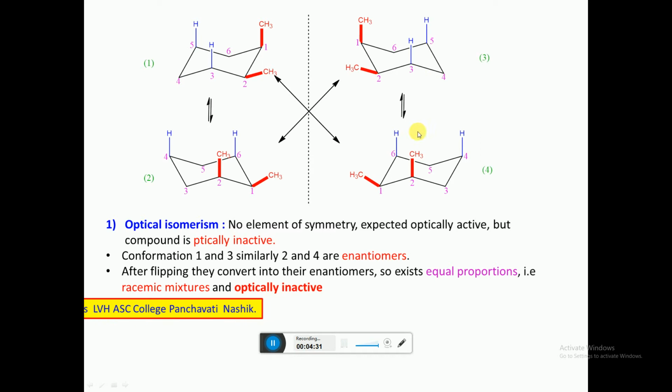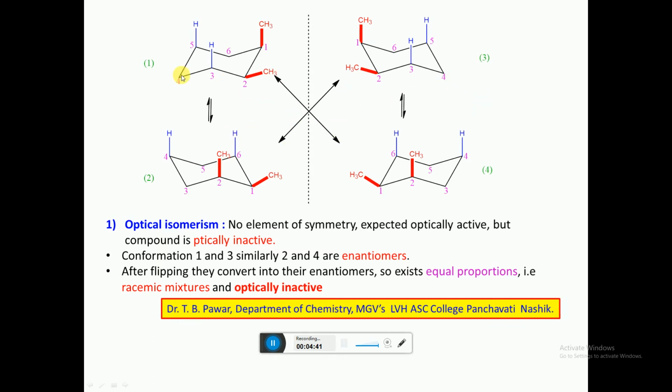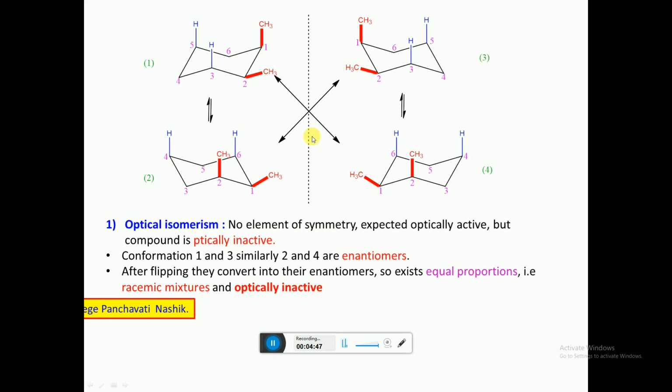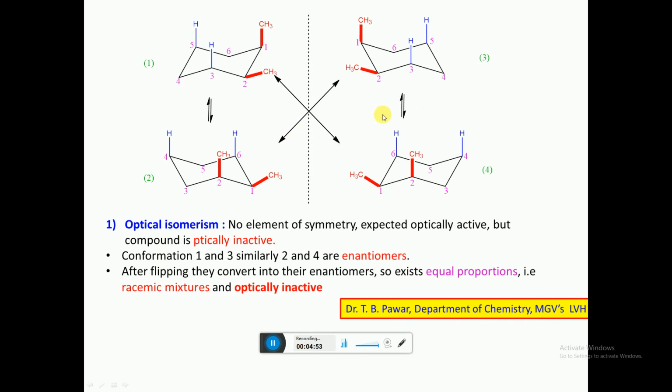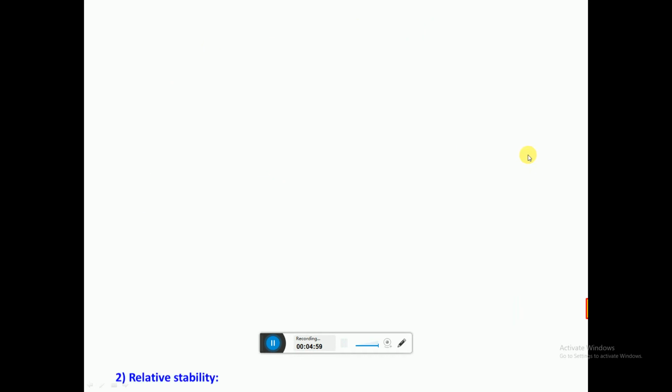When structure 3 flips into structure 4, then 1 and 4 are identical. So overall there becomes a racemic mixture, in equal proportions. The optical activity of 1 is exactly cancelled by the optical activity of 3, because these two are equivalent. That means a racemic mixture, and because of the racemic mixture, overall the molecule becomes optically inactive.